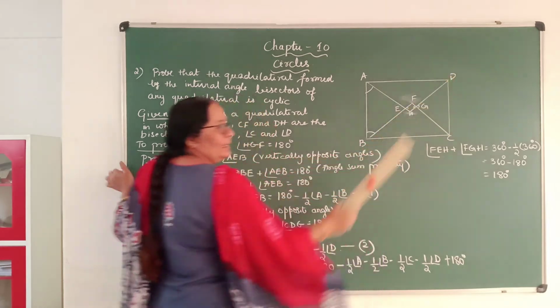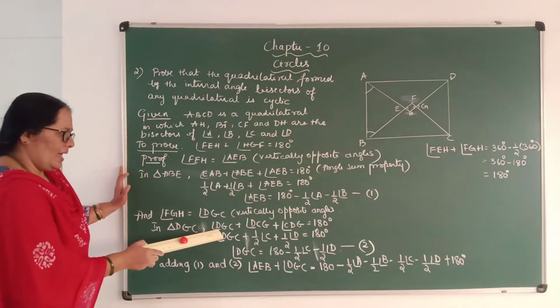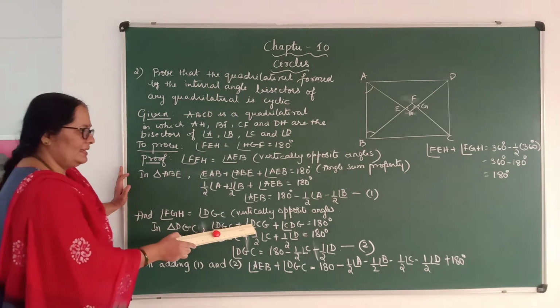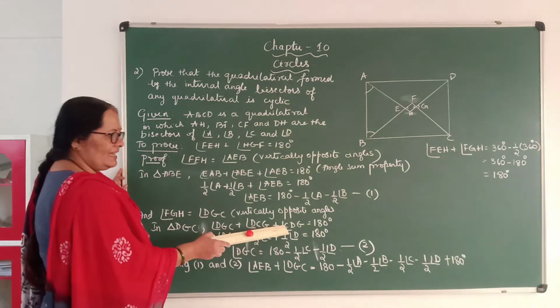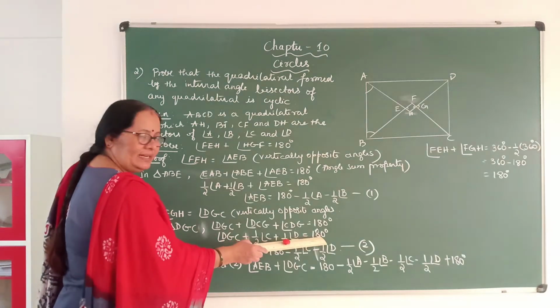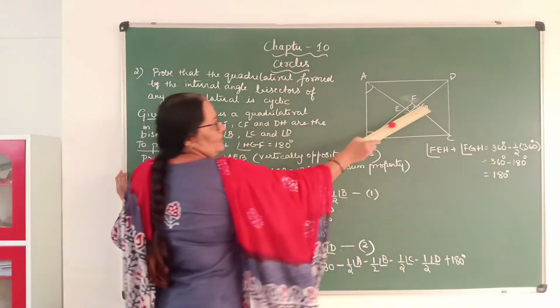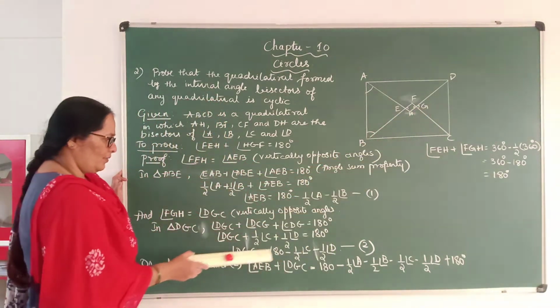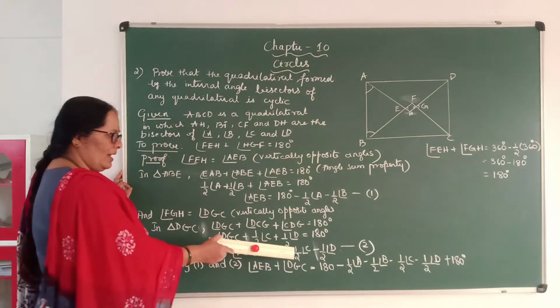GDC is half the angle of D, right? So that you can write angle DGC plus DCG, DCG is half the angle of C and CDG is half of the angle of D, which equals 180 degree. Therefore, angle DGC, so this angle is equal to 180 minus half the angle of C minus half of the angle of D.